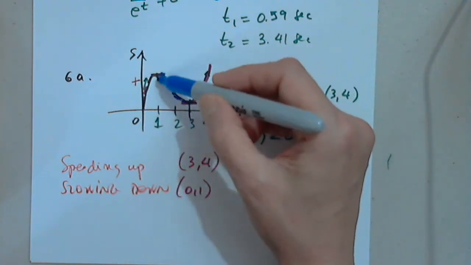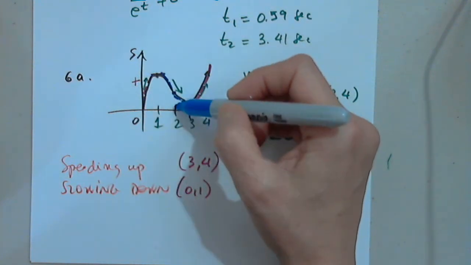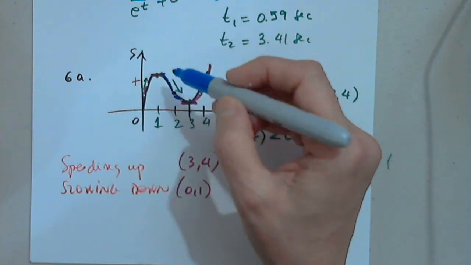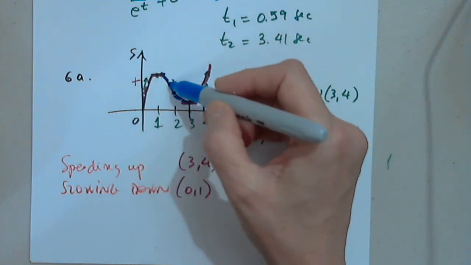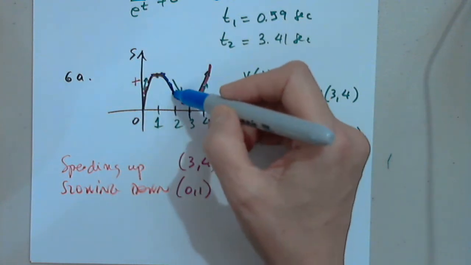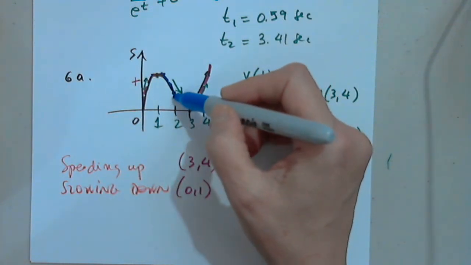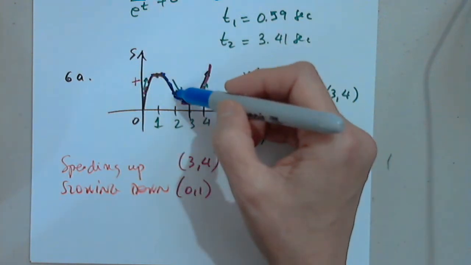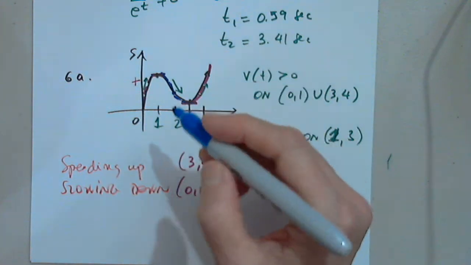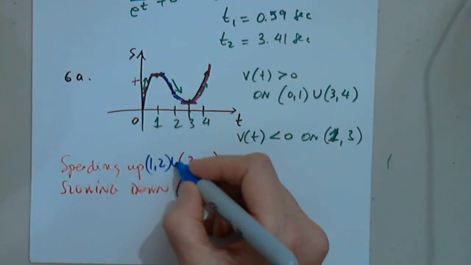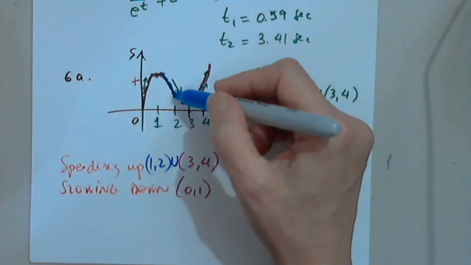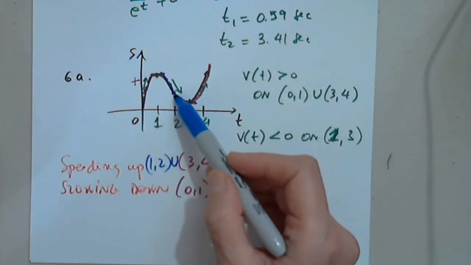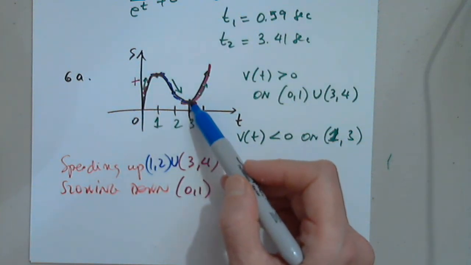So assuming between 1 and 2, the particle is speeding up from 0 slope to a bigger slope. But then at this point, it starts leveling off again to a 0 speed. So speeding up between 1 and 2, union 3 and 4, but between 2 and 3, it's slowing down because from a higher speed, it drops to 0 again.